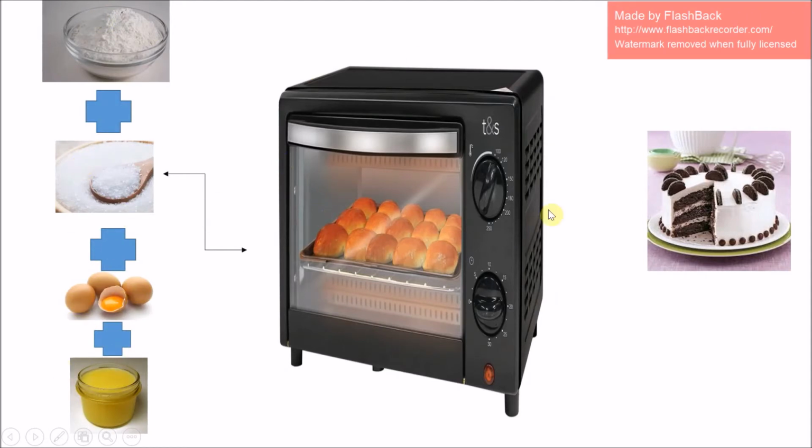Our oven is the unit called function. It contains the function body which helps to process the flour, sugar, egg and ghee, and it produces for us a yummy cake. So the return type is our cake.